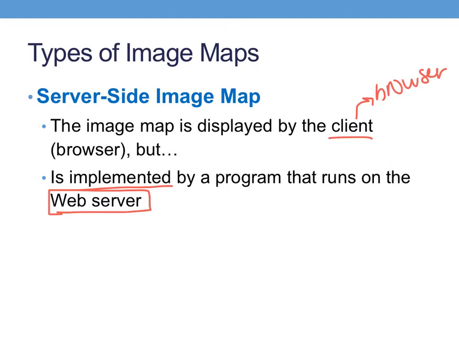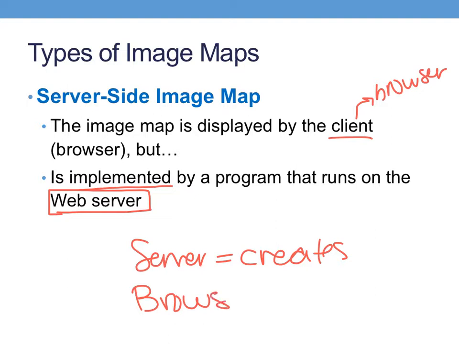The server actually creates the image map, but the browser is what displays the image map. So noting those differences, in a server-side image map, the server creates it using software on the server, and then the browser is going to display that image map.